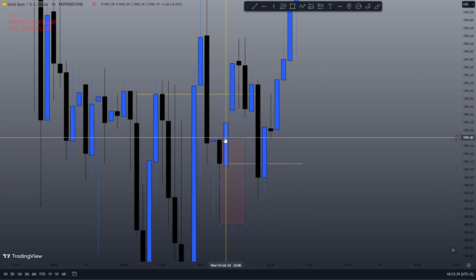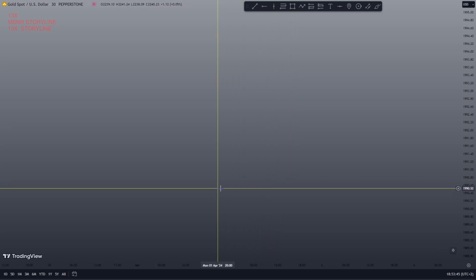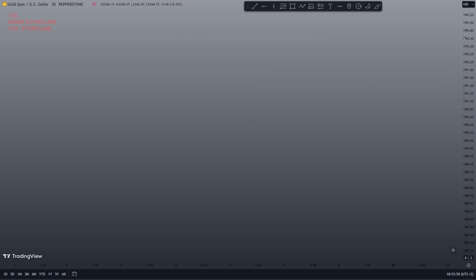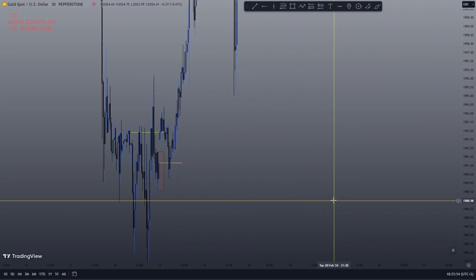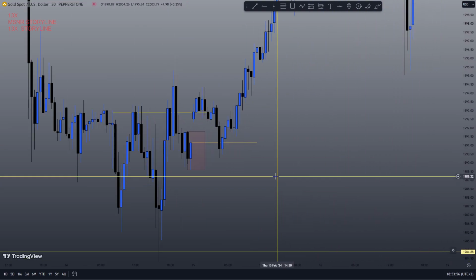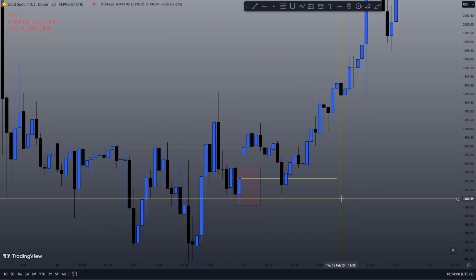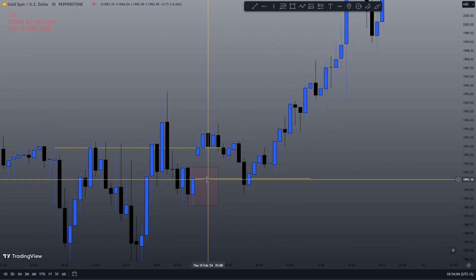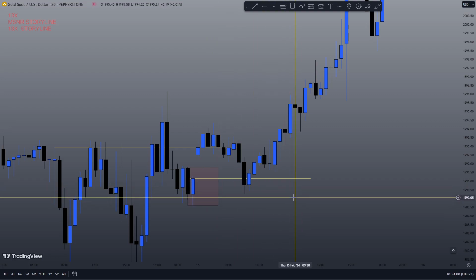We have H1 engulfing. Let's go to M30 and see what price printed here on M30 at this level. As you can see here, I think it's a QM.